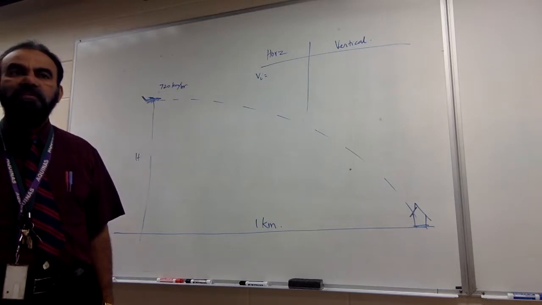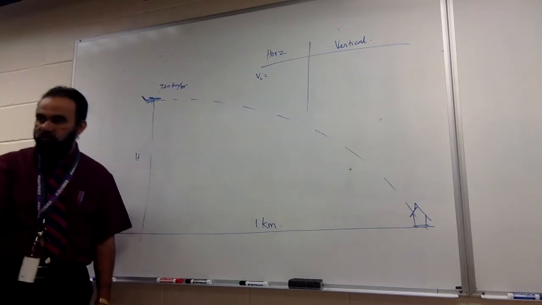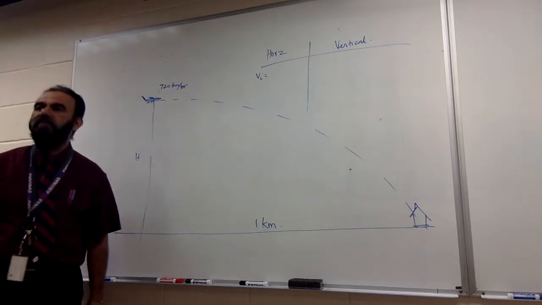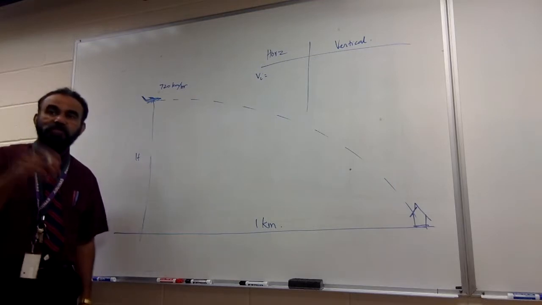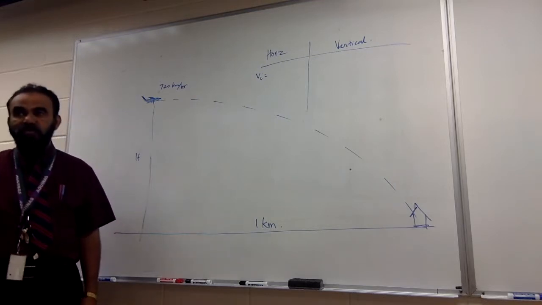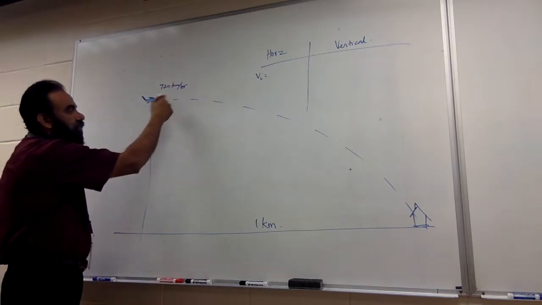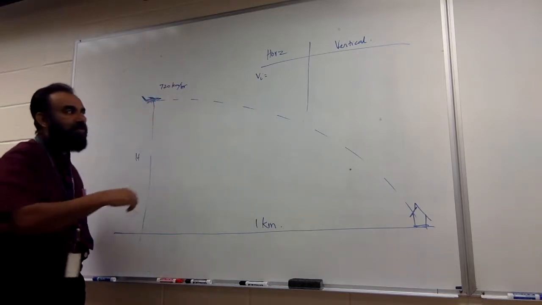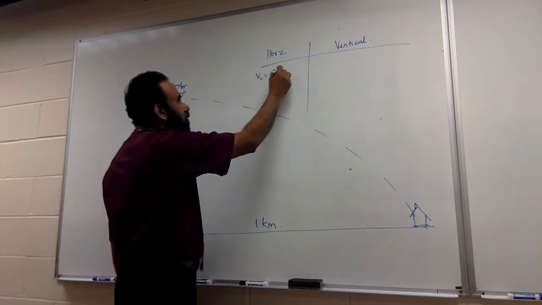You divide it by 3.6. That's the fastest way of changing from kilometers per hour to meters per second. Kilometers per hour divided by 3.6 gives you meters per second. Meters per second times 3.6 gives you kilometers per hour. So this is 720 divided by 3.6, which is 200 meters per second.